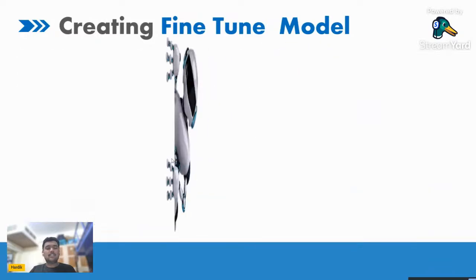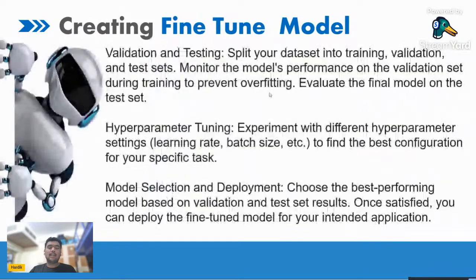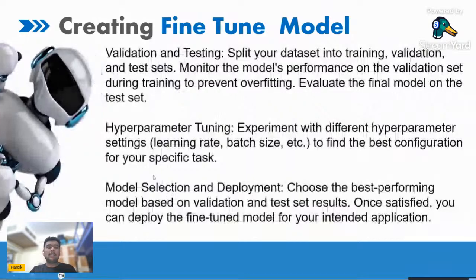Then comes training a session, and then you can do hyperparameter tuning, that is, you can fine tune your already fine tuned model. Let's say I trained a model named brand name, and if that model is not performing well, say it gives me an accuracy of 60%, and I want to do something really good about it, then I will add more data to it.